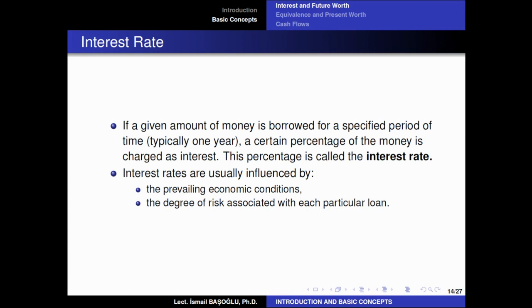So in that geography, in that country, the economic conditions are highly effective in determining the interest rates. Now, another thing affecting the interest rate that you are going to be subject to is the degree of risk associated with each particular loan.